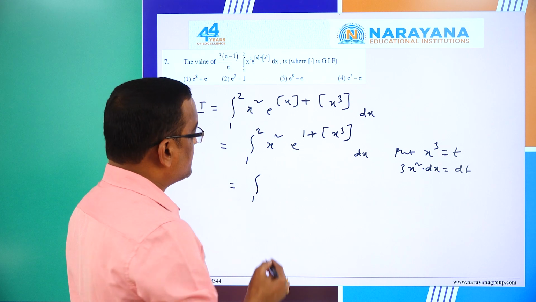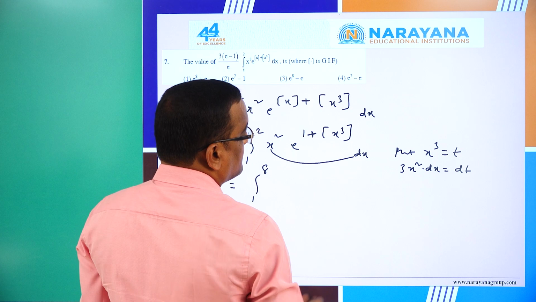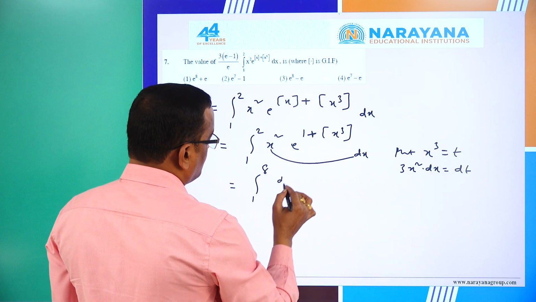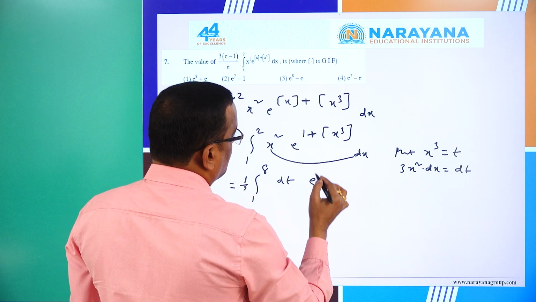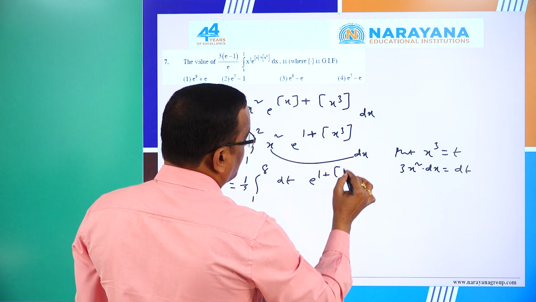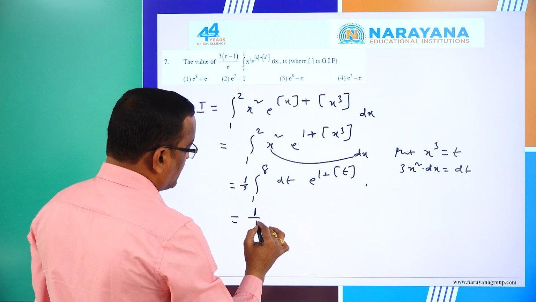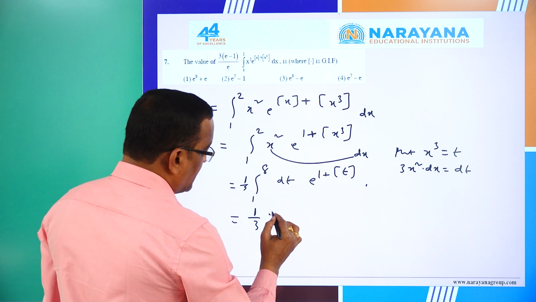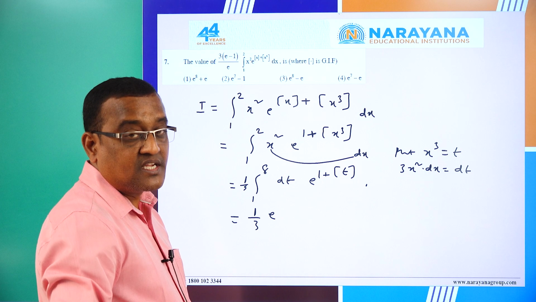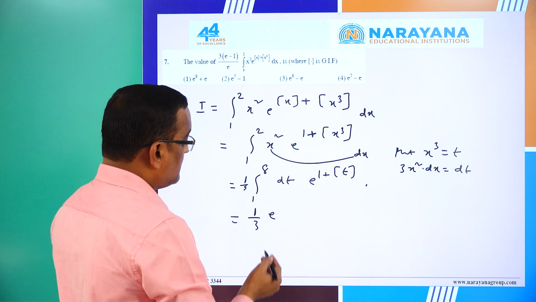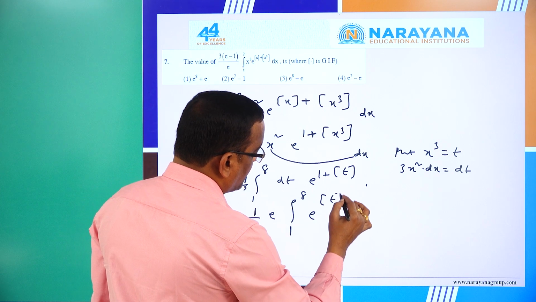When x is 2, it is 8. x squared dx becomes dt by 3, and this is e to the power of 1 plus the integral part of t. This is 1 by 3 into e to the power of 1 plus the integral part of t, which can be written as e to the power 1 into e to the power of the integral part of t. Integral 1 to 8 of e to the power of the integral part of t dt.